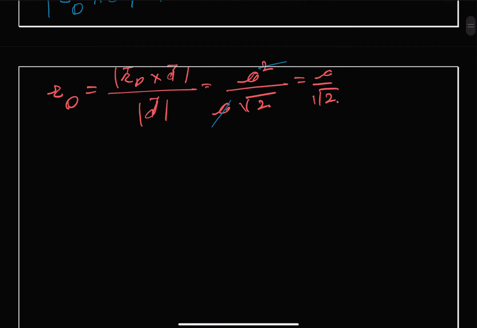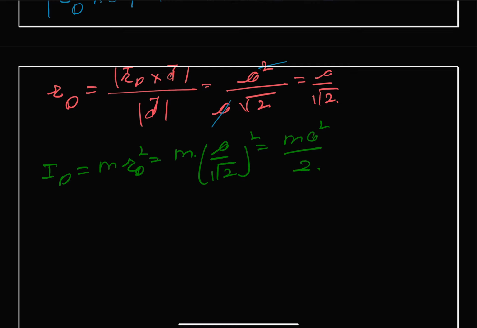Therefore ID will be equal to mass times r d square, and we are left with m a by square root of 2 whole square, which gives us m a square divided by 2.